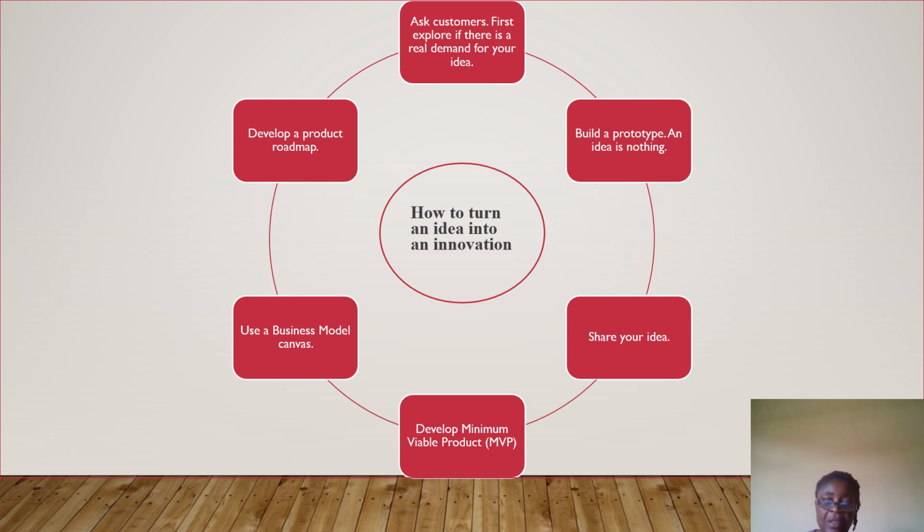The last but not the least is that you have to develop a product roadmap. Always think hard and consider what the next version of your idea might look like. What are your ambitions and your visions?